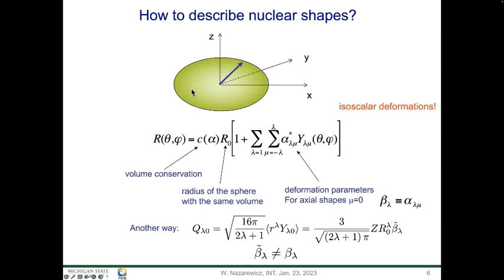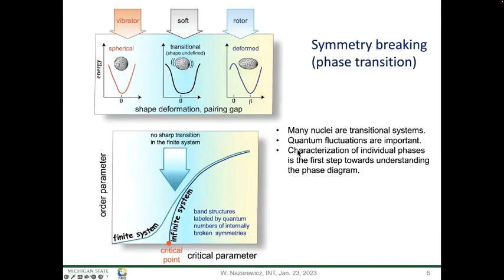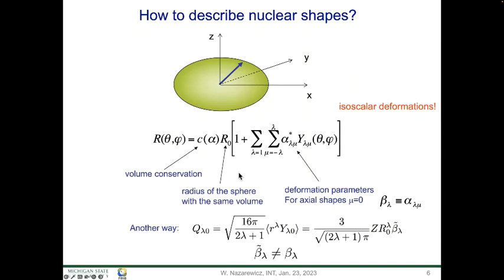Okay. But let us assume for the time being that the nucleus is very well deformed, that in the intrinsic system of the nucleus, you can view it as a deformed object, for instance, an ellipsoid. As was shown in the previous talk, one thing you can do is to expand the nuclear surface in terms of deformation parameters alpha, which are the coefficients in front of spherical harmonics.